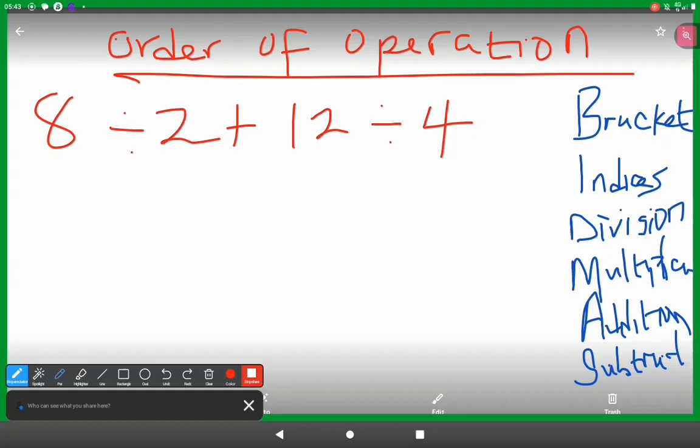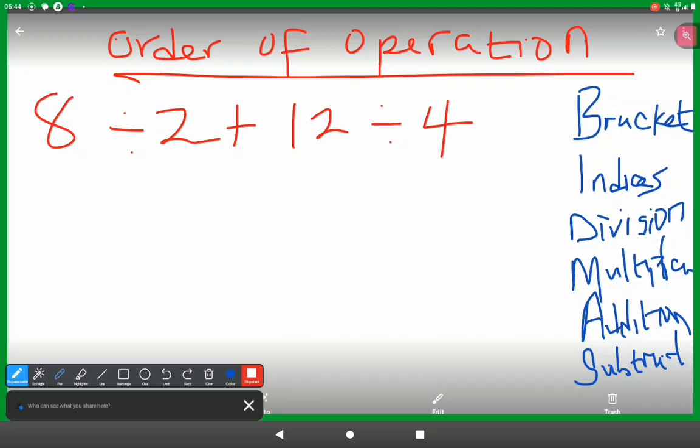Brackets should be considered first, irrespective of what the acronym is. Now, I'll look into the question thoroughly to see if there are brackets. No, there are no brackets in this question. So I'll move on to indices. Is there an index in the question? Absolutely not. There is no index because there is no power.